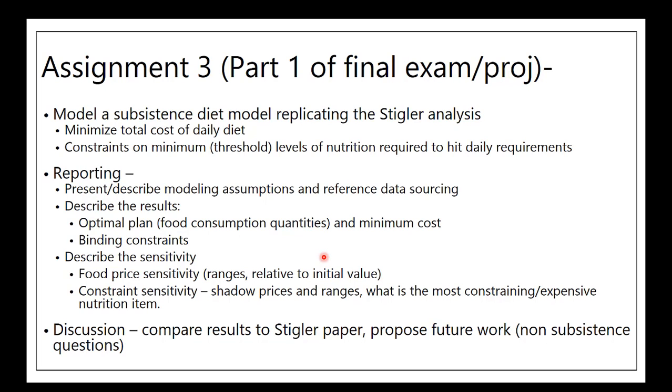Okay, so your assignment 3 is to model a subsistence diet, replicating Stigler at least in principle, not in terms of his right-hand side values. Minimum total cost of a daily diet, with constraints on the minimum or threshold levels of nutrition. For the reporting, I want to ask you to present or describe any modeling assumptions and reference your data sourcing. If you just use the data that's provided, that's fine.